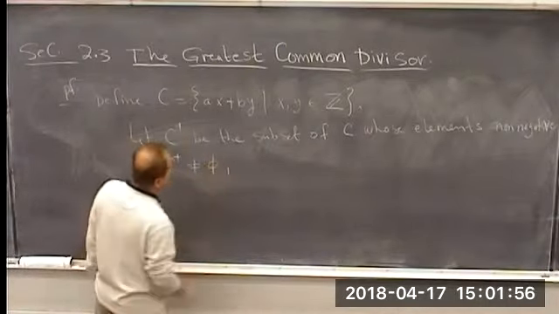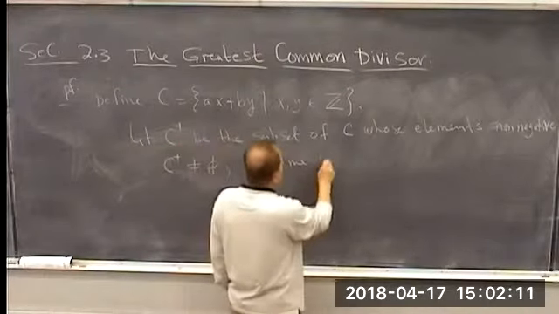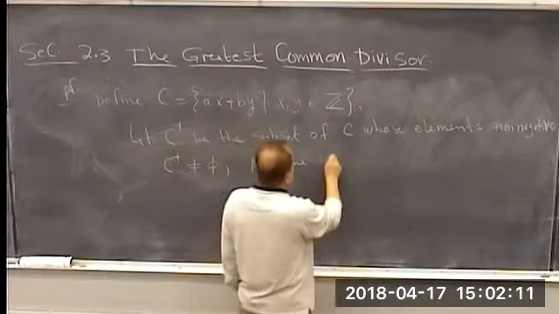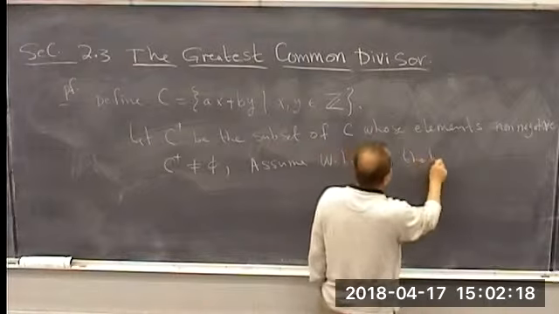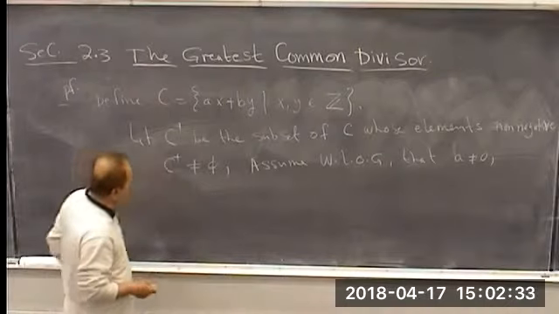Now remember that since A and B are not both equal to 0, let's assume, without loss of generality, that A does not equal 0. This implies that, and then I want to come up with an element in C plus.